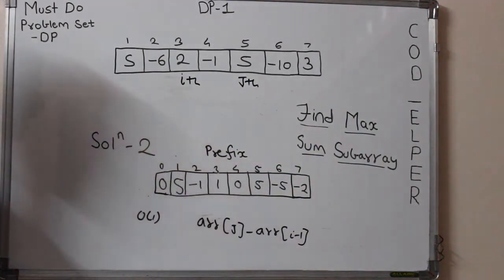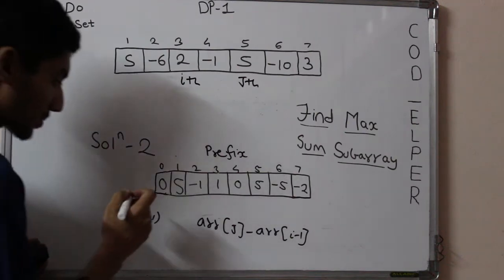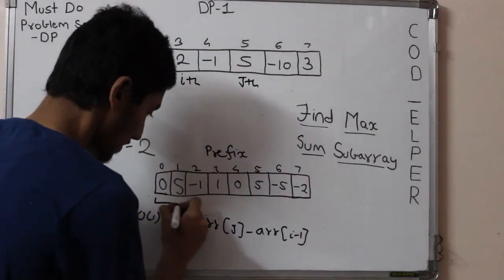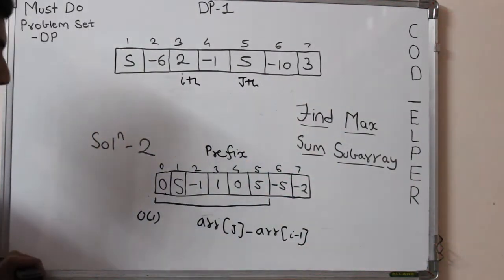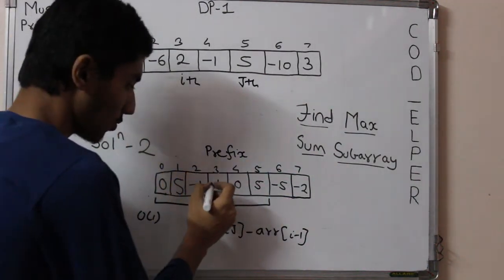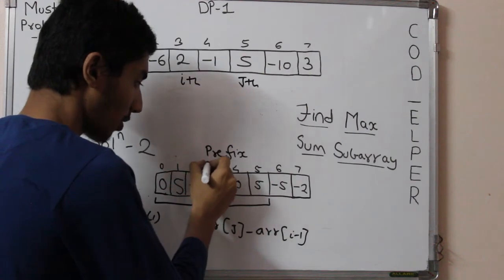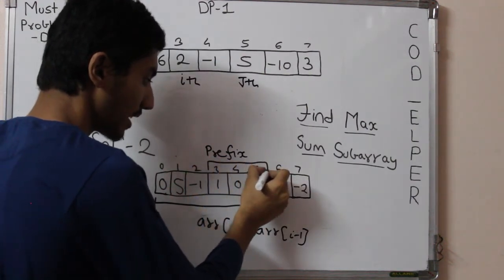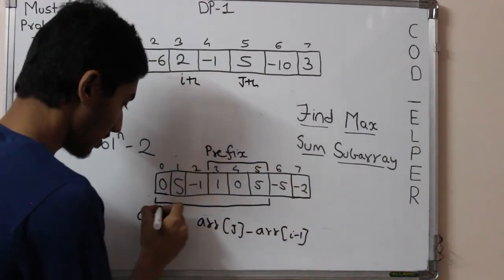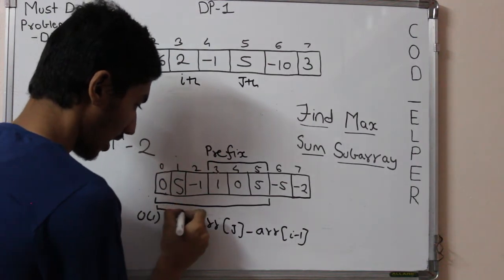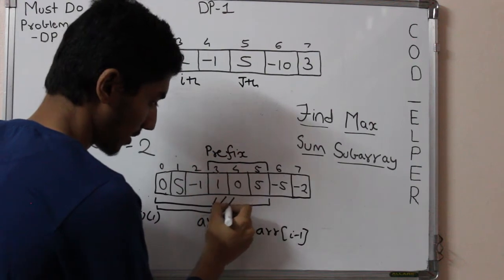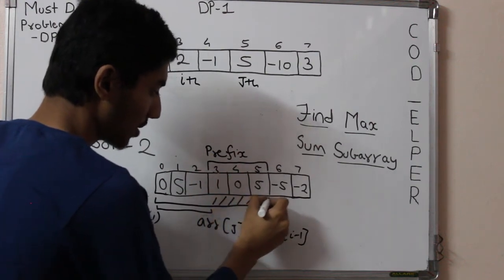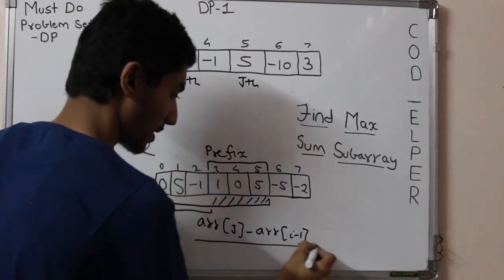The intuition behind this is: the sum till the jth index is this much, and as we know we have to find the sum from this index to this index, here we have to subtract this much part. This gives this much part. This is the intuition behind using this statement.